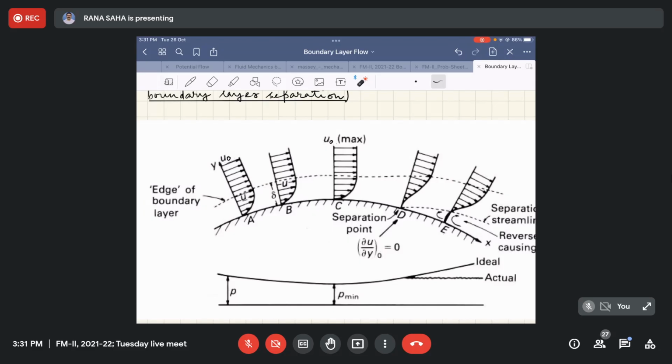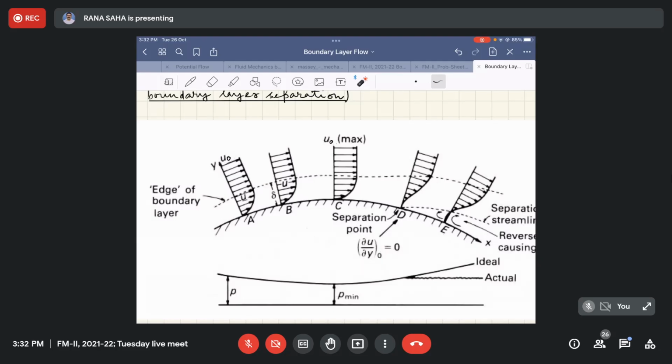In the tangential direction, the flow velocity is u as a variable, and just outside the boundary it is denoted as u naught, which here changes, as you can observe, from point A towards point C through B. At point C, you can see that u naught is maximum, that is u naught max. So here your u naught gets changed.